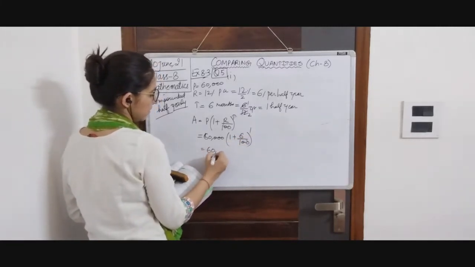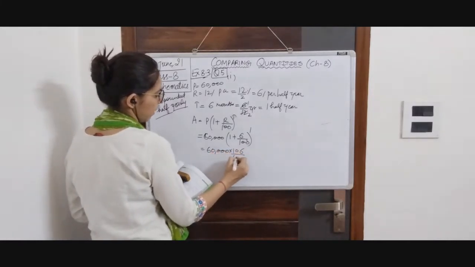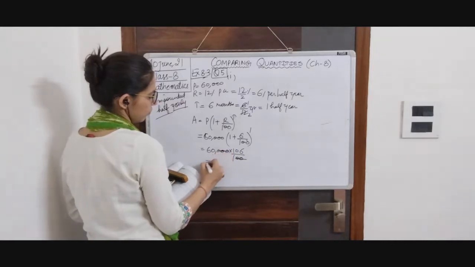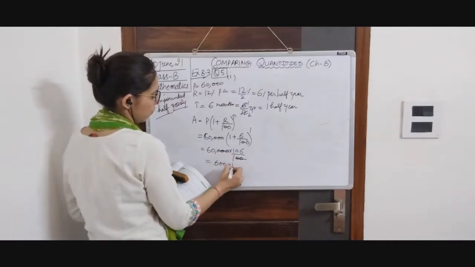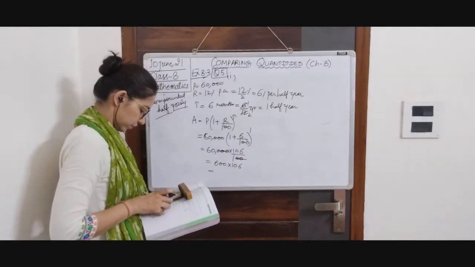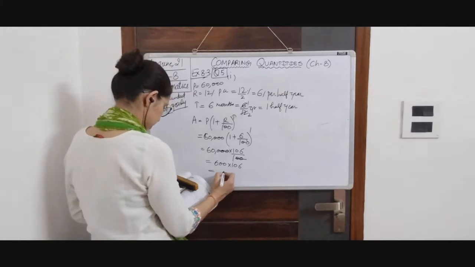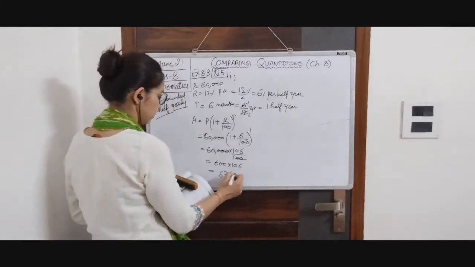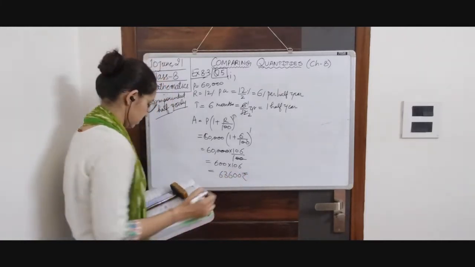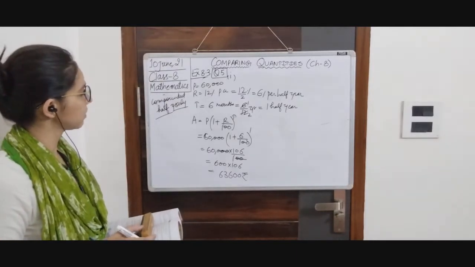It will be 60,000 into 106 by 100, this much, 600 into 106, which should be equal to 63,600. He would get this much money after 6 months.